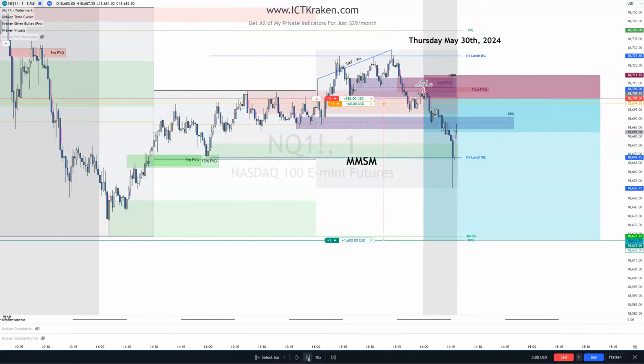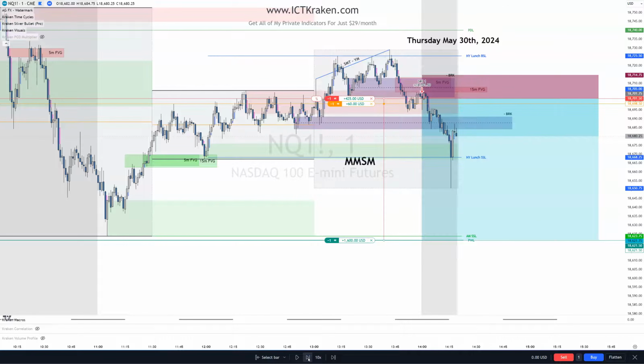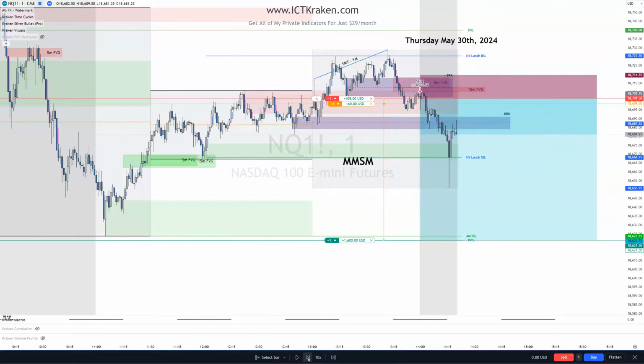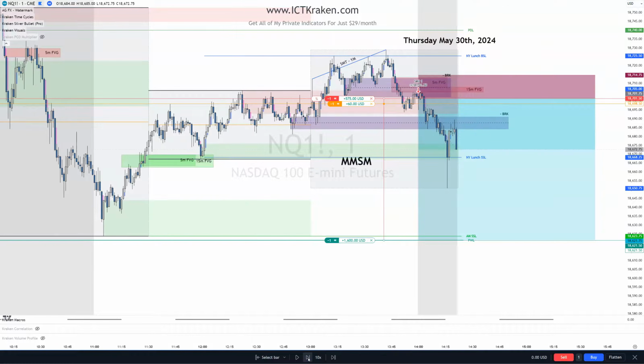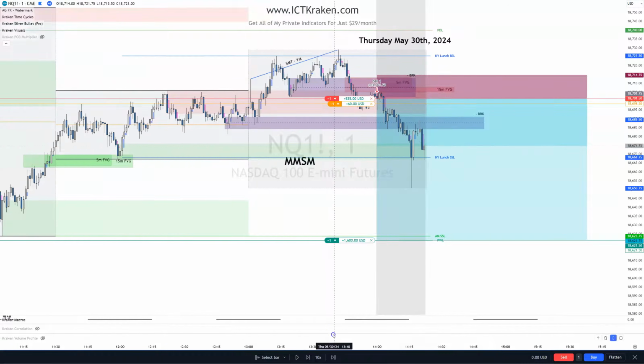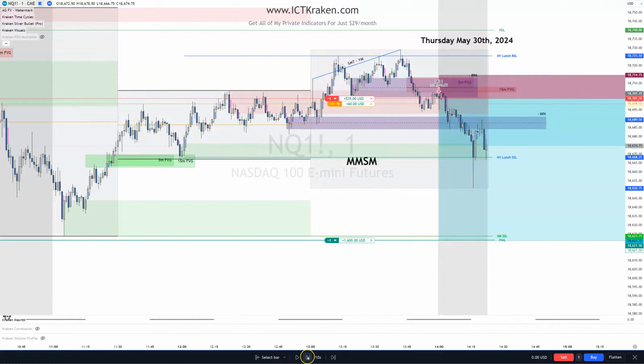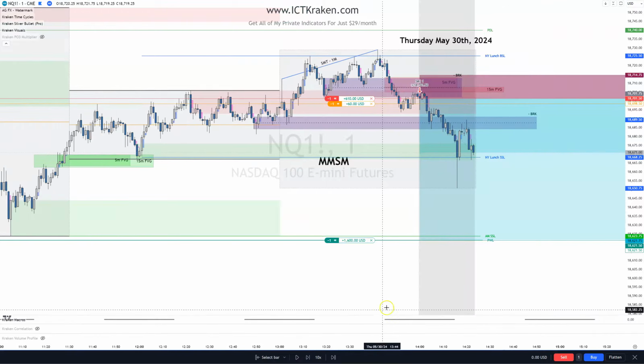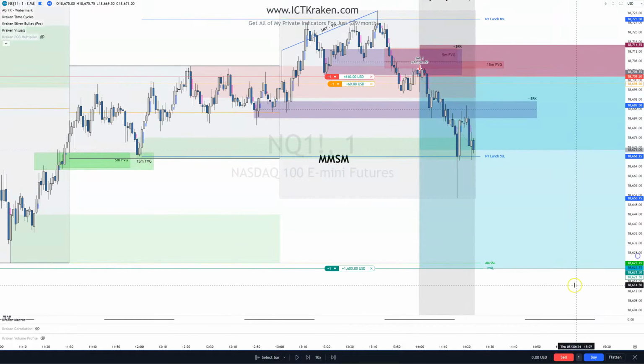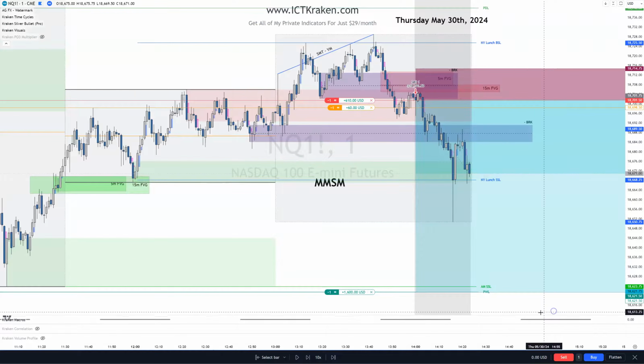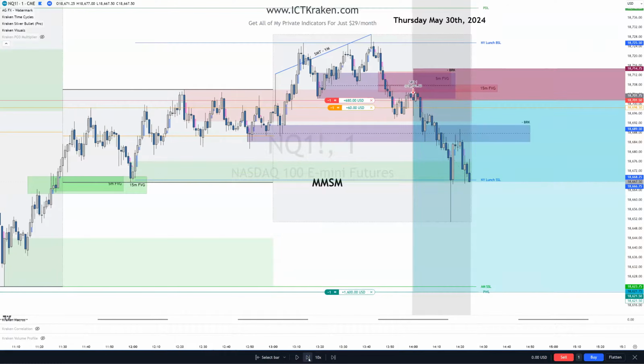Let's see how this breaker block holds price or not. Hopefully you can hold it there. So far, so good. Trying to make it so you can see it better. Let's do this like this.